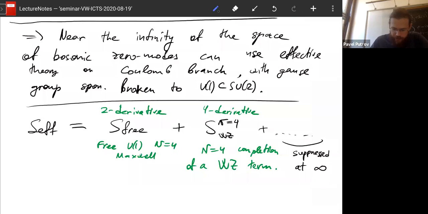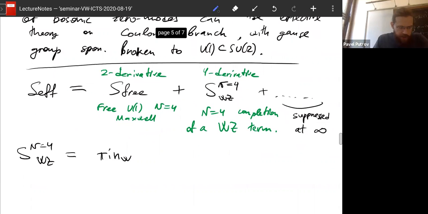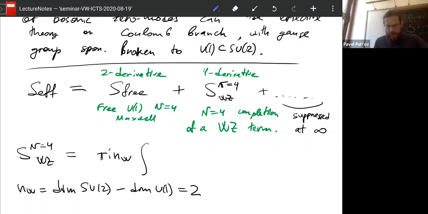And so what is this S N=4 WZ term? Well, it's not a single term, it's a derivative part of the action, and it can be written like this. The coefficient is pi times N_W, where N_W is just a number, the difference between the dimension of the original gauge group and the gauge group on the Coulomb branch, just 2.